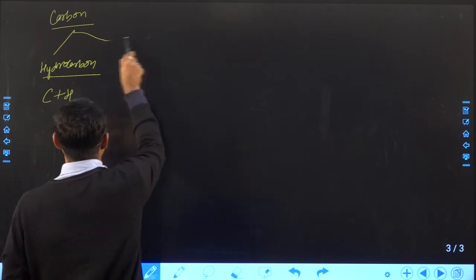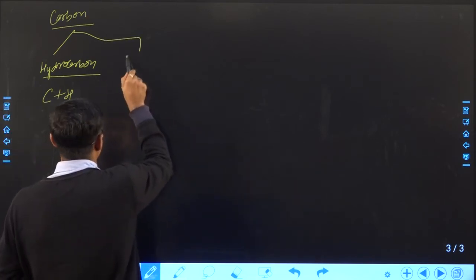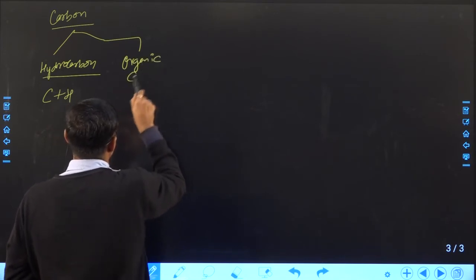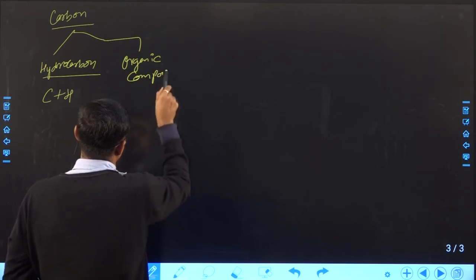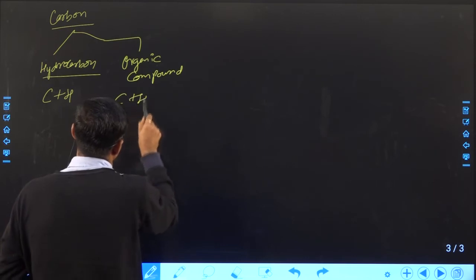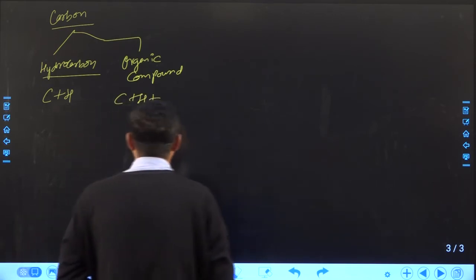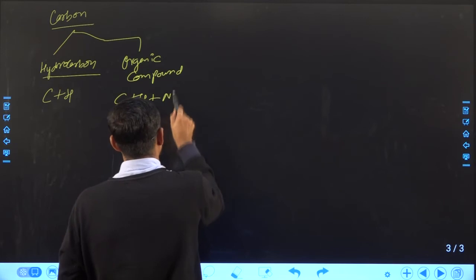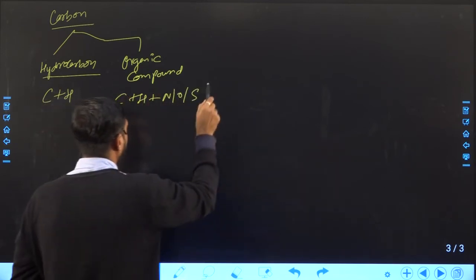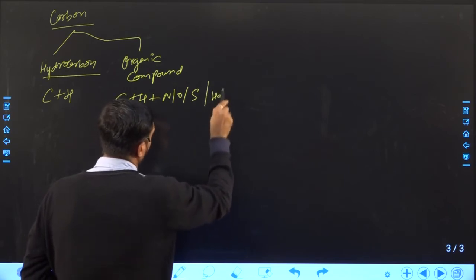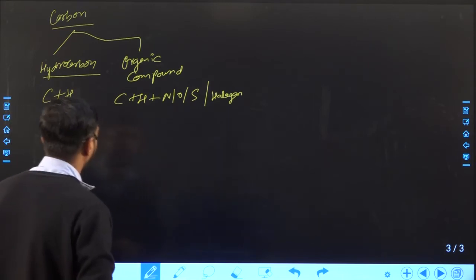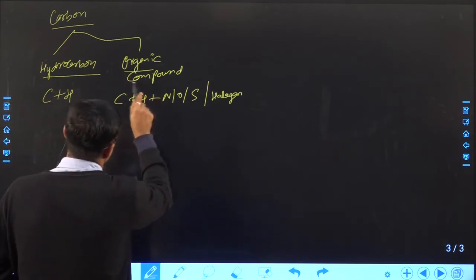The remaining is the organic compound with heteroatoms. A heteroatom is nothing but the remaining atoms, that is nitrogen, oxygen and sulfur. Since many other atoms are present, it is known as an organic compound.